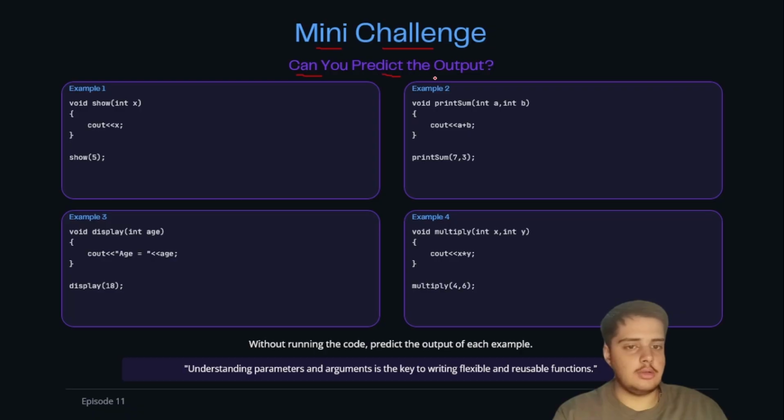Can you predict the output here? Example 1: void show(int x), cout x, and here show of 5 is given as input. I'm giving you 20 seconds for this question.